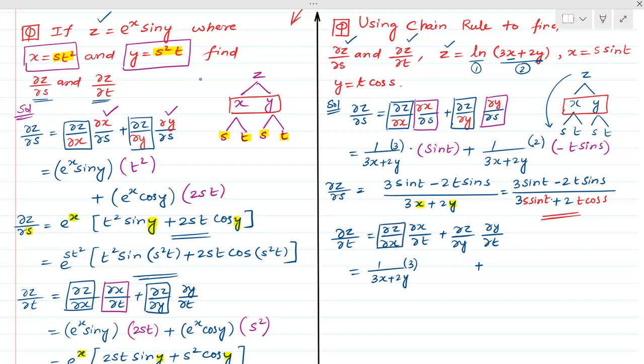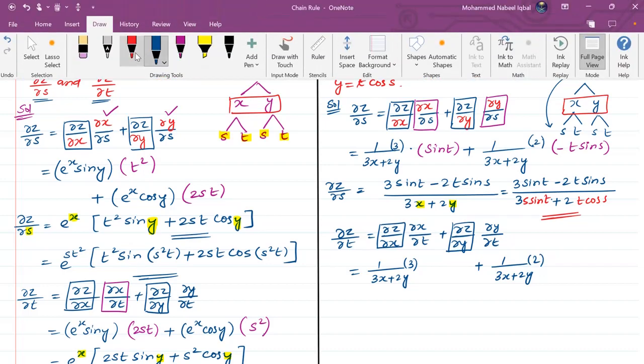I calculate. So chain rule, 1 over 3x plus 2y into, with respect to y, into 2. This is done.